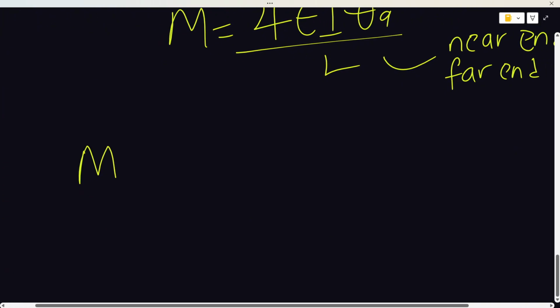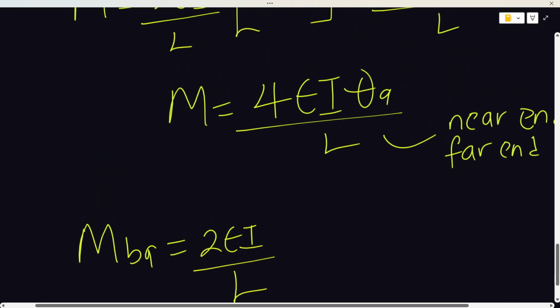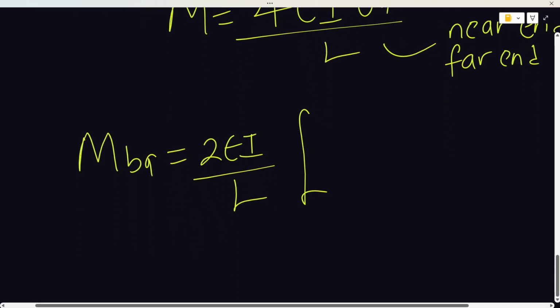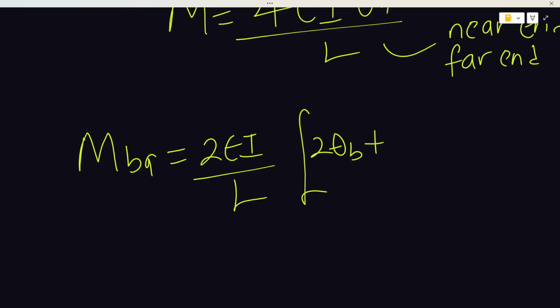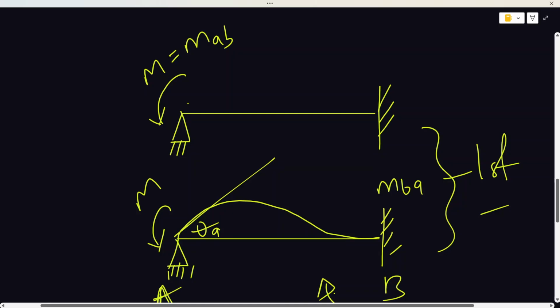So now MBA would be equals to 2EI over L, 2 theta B rather, plus theta A. Chord rotation is 0, FEM is 0, so plus 0, no need for that. And from, once again, the diagram, it is obvious that B is a fixed end.